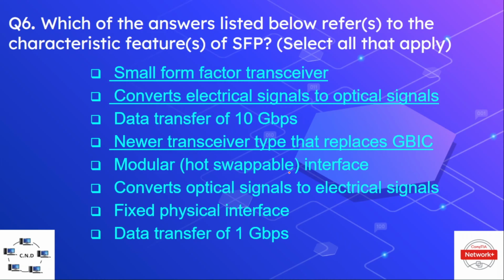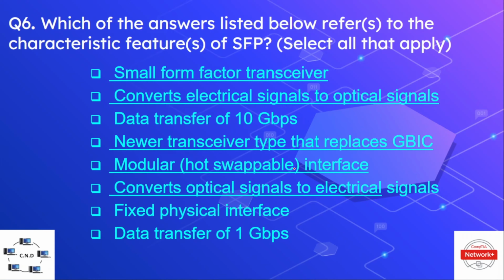And the next correct option about SFP is that it is modular, that is hot swappable interface. It means that it can be plugged in or plugged out inside a running device. You don't need to turn off or shut down the device.